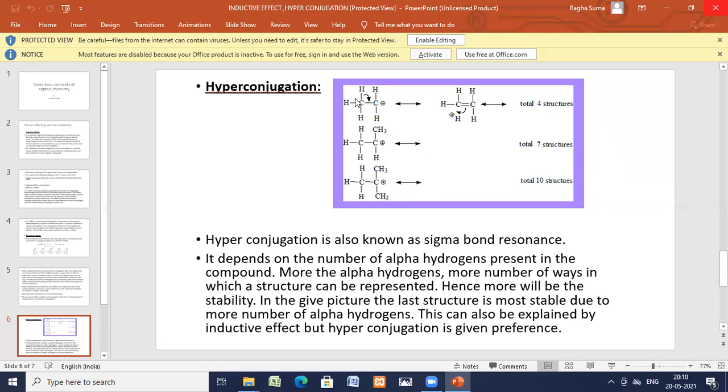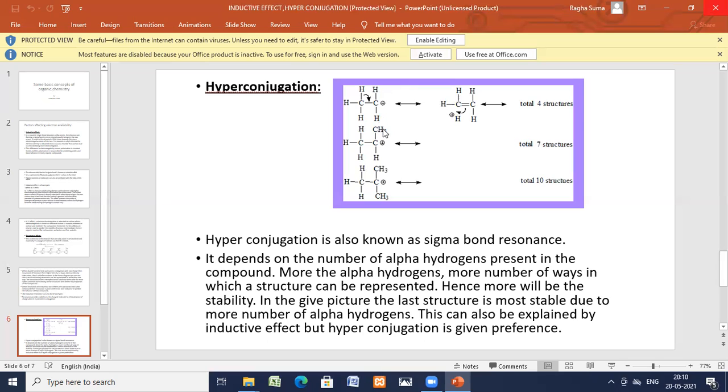Here, hyperconjugation. If alkyl groups are attached to double bonded carbon, carbonium ion, or free radicals, the electron releasing effect will be in the opposite direction. So the electron releasing effect would be different from the inductive effect.